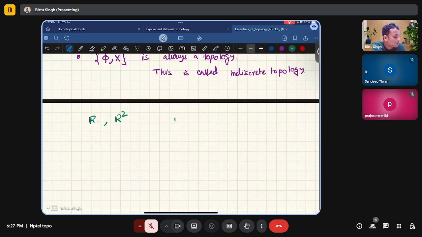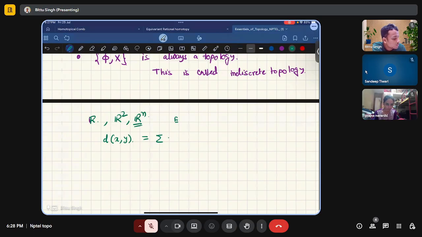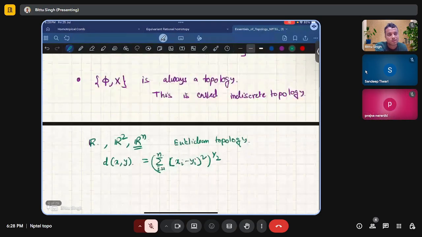For Rn, the distance between two points is given by the sum of (xi minus yi) squared, to the power half, i equals 1 to n. This topology is called Euclidean topology, and here the open sets look like that previous definition.